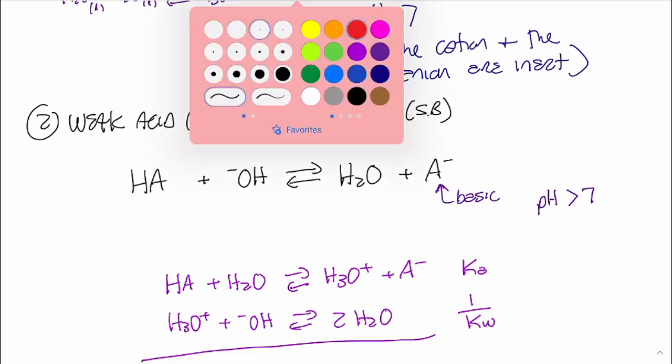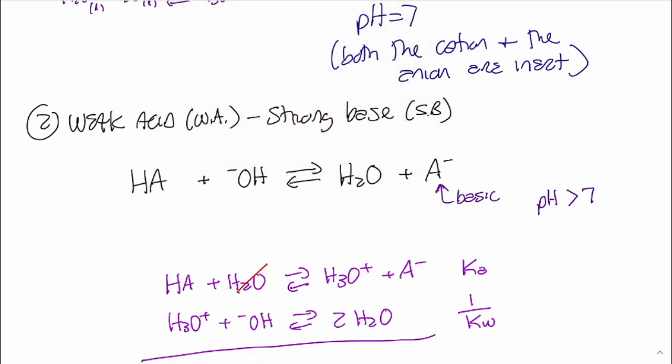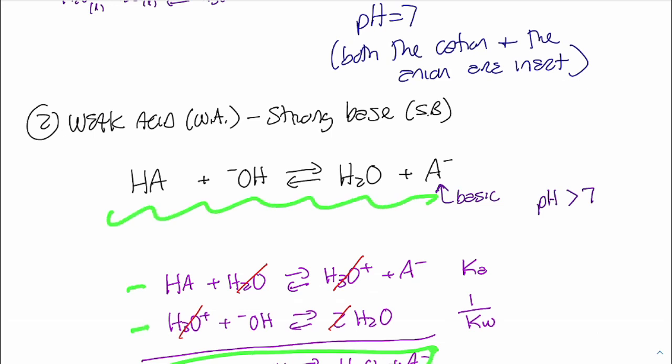If I was to add these 2 equations together, I have 1 water molecule canceling, and I have my hydronium ions canceling, and then what's left is HA plus hydroxide ions going to water plus A minus. This equation that I get when I add these together is this net equation.